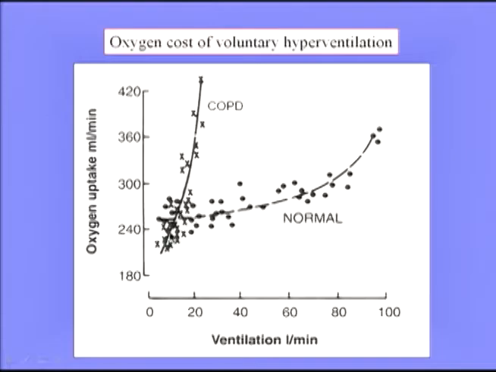But look at the patient with COPD. The moment he is asked to hyperventilate, which he finds very difficult to do, of course, because of the dynamic compression of his airways, but he tries to hyperventilate, and there is enormous oxygen uptake, and that simply reflects the tremendous work of breathing in these patients.